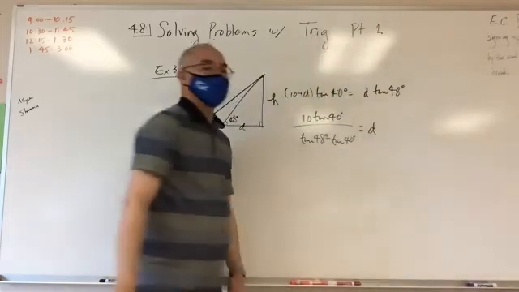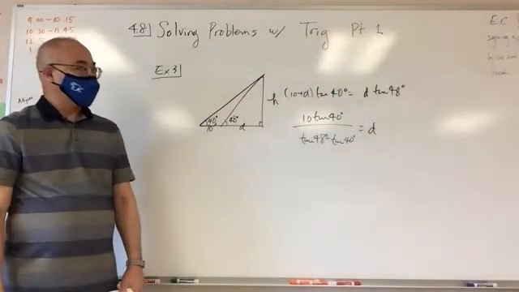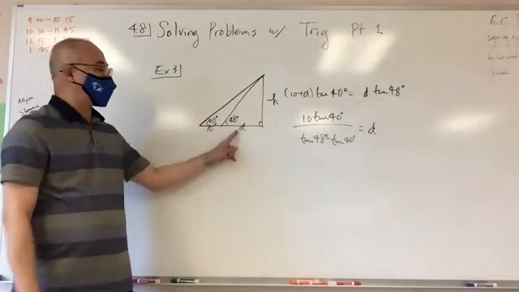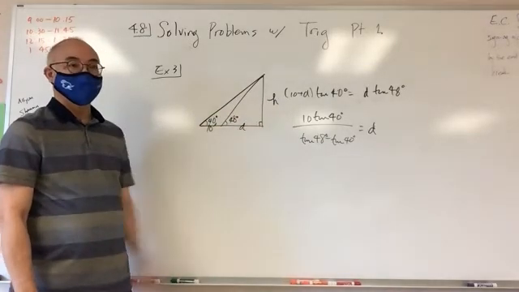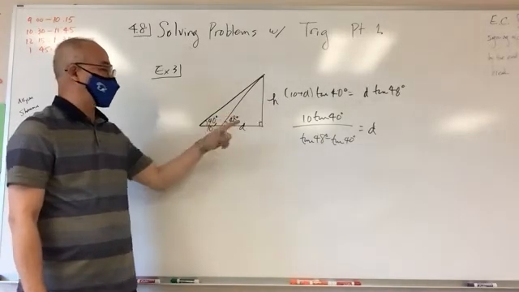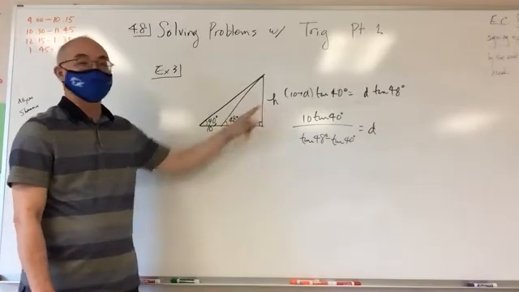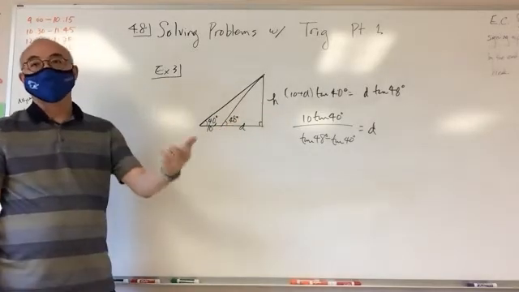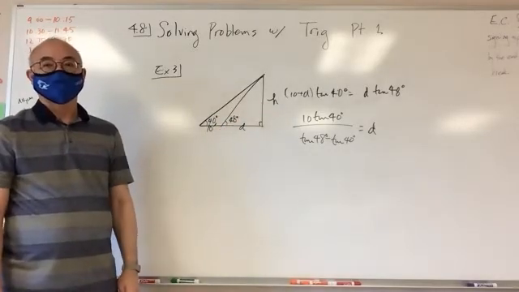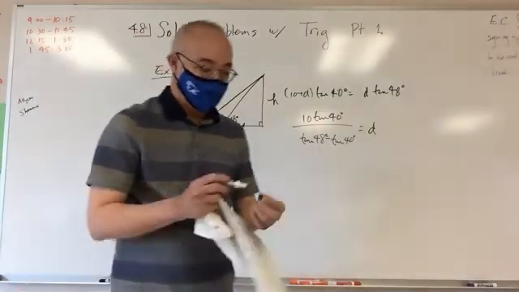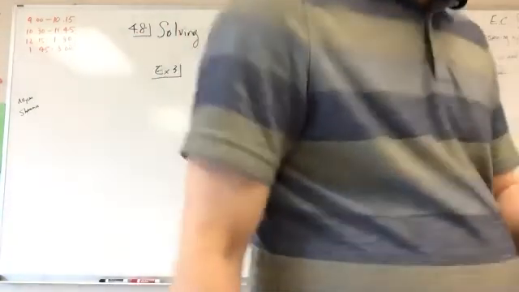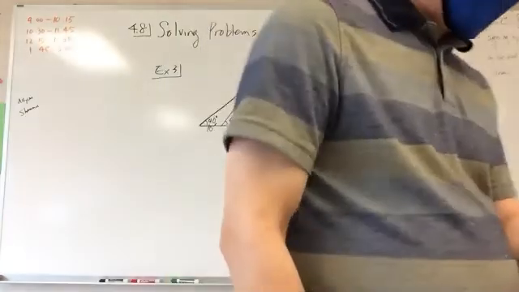That's going to equal D. Right? So once I find the D, then I should be able to put it in on this guy here. And I have tangent 48 is H over D, right? I can figure out what H is that way. Okay? All right. Number 3.